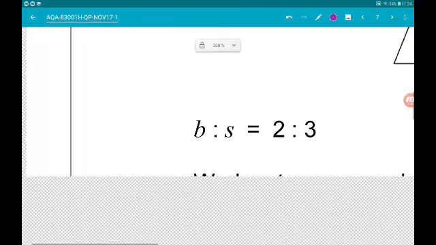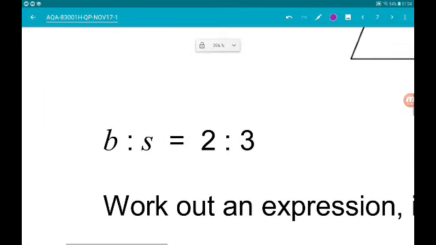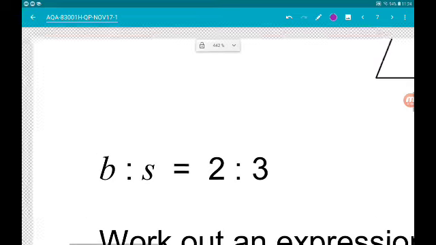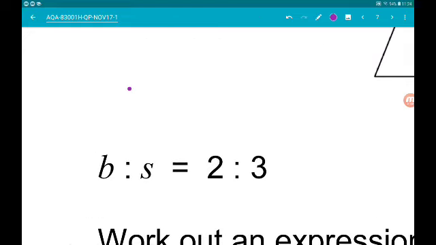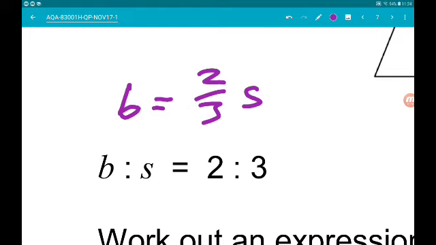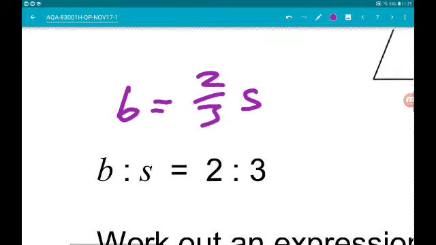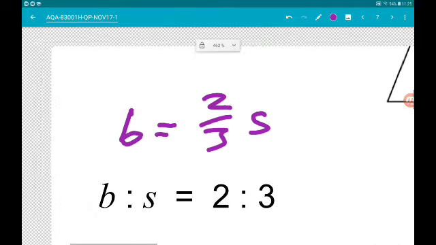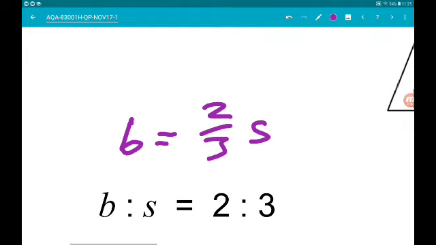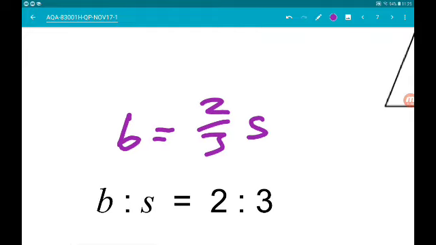So, b to s is 2 to 3. So from that, we can say that b is 2/3 of s. Imagine that b was 2 and s was 3. 2 is 2/3 of 3. So we know that b is 2/3 s. From that though, we actually want to know what s is.